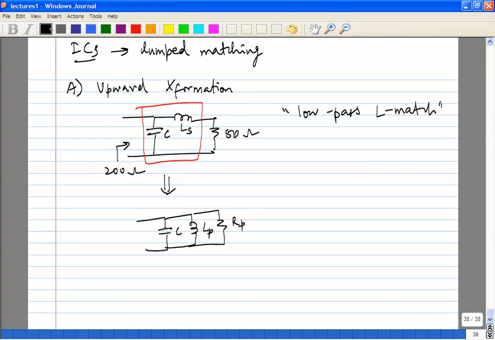Okay? And we know the equations governing this, right? So we know LP is Ls into (1 plus Q squared) over Q squared, right? And more importantly, we know RP is Rs into (1 plus Q squared).